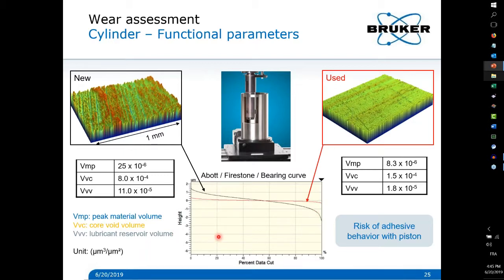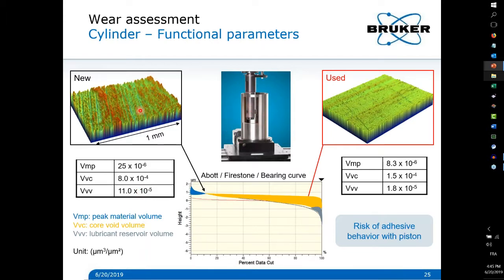From that curve you can work out different parameters, which are the volume of peaks, the VMP, or the core volume on the top surface, as well as what we call the lubricant reservoir volume, the VVV. These V parameters are part of the new areal norms, and they can help you to directly quantify how performant the part is and how much wear you have.